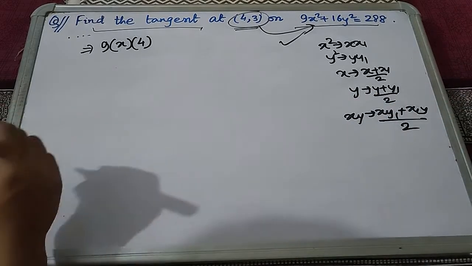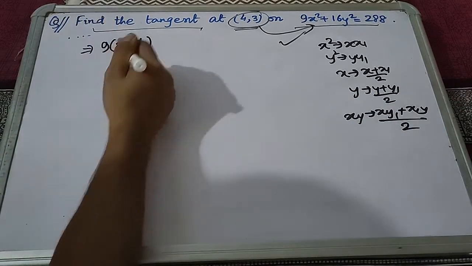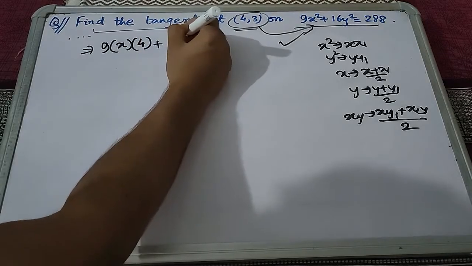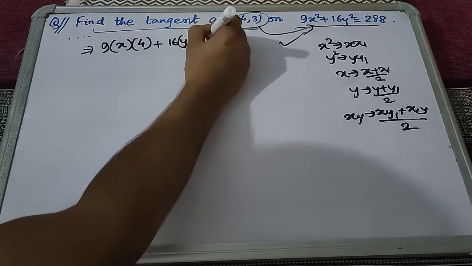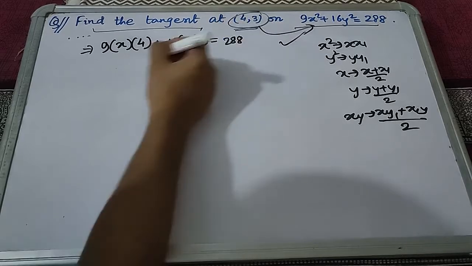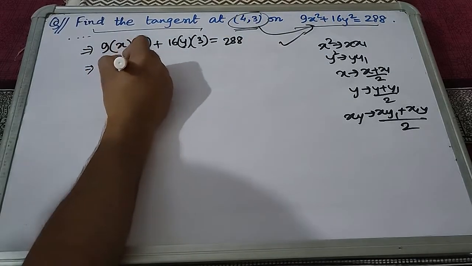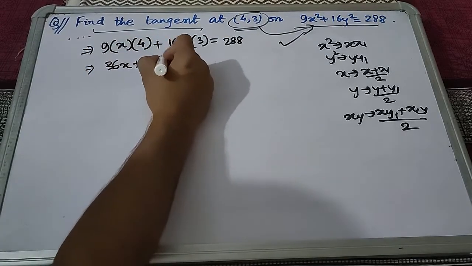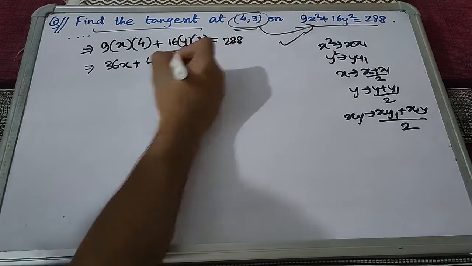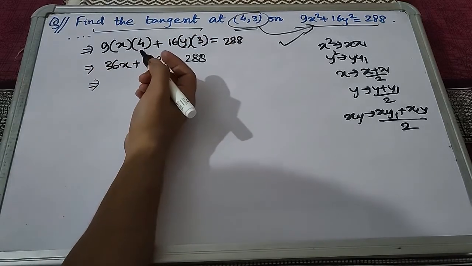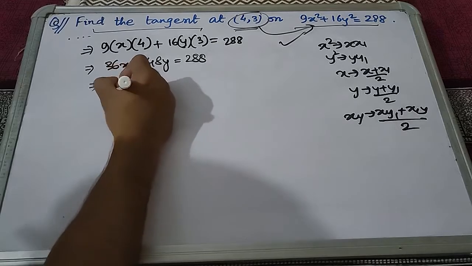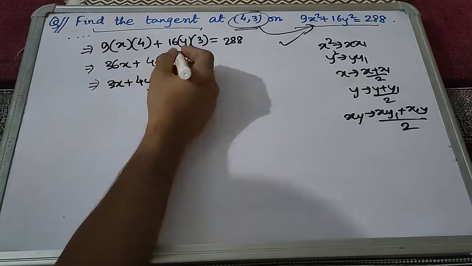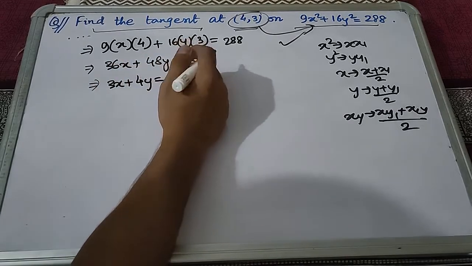Okay, very simple. 9x into x1 plus 16y into y1 equals 288. This becomes 36x plus 48y equals 288, we can cancel it by 12. 3x plus 4y equals 12 into 24, and 4 goes here.